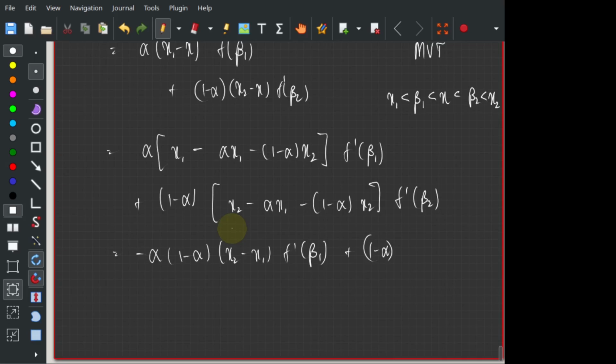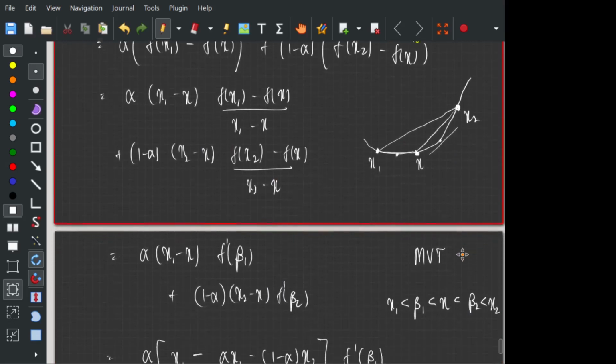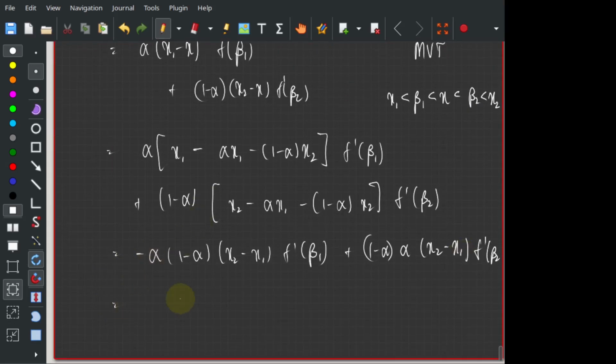It's going to be alpha times x2 minus x1 times f prime of beta 2. Okay, so I can take all the common terms out: alpha times 1 minus alpha times x2 minus x1 times f prime of beta 2 minus f prime of beta 1.